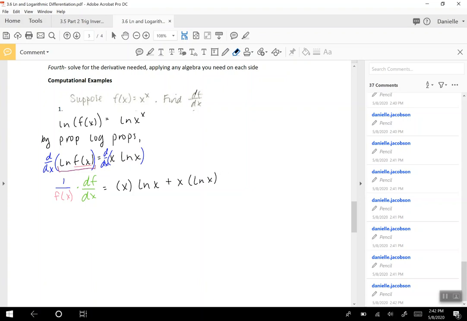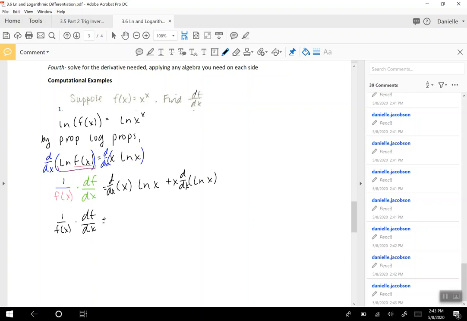Rather than prime, I will write d dx of x, and d dx of the natural log of x. So x times d dx of ln x, there we go. I'm going to leave this left-hand side alone for a moment.